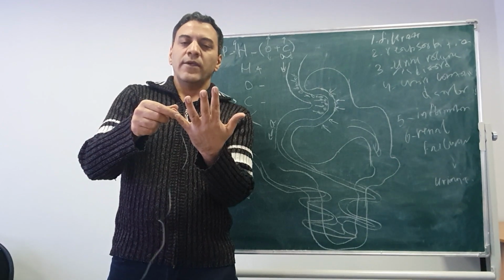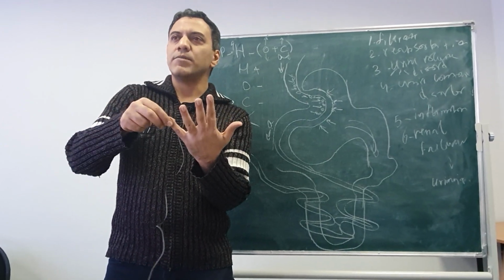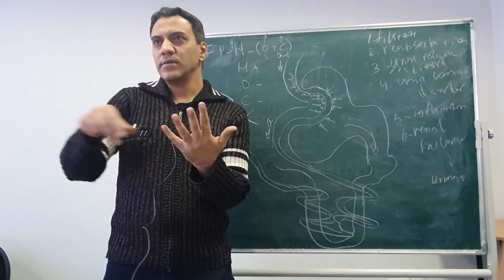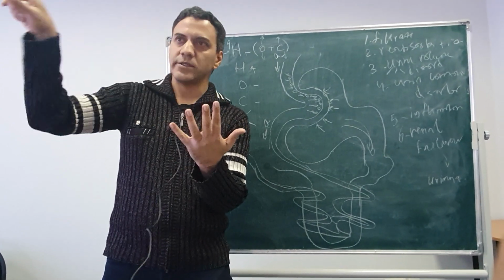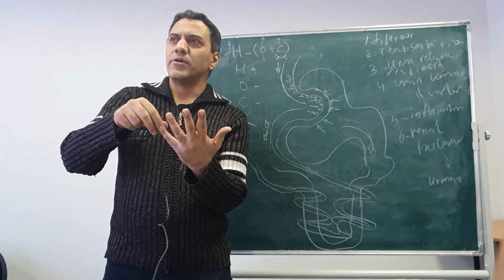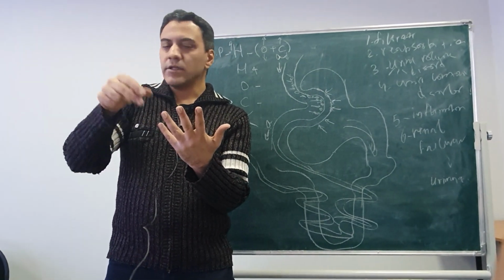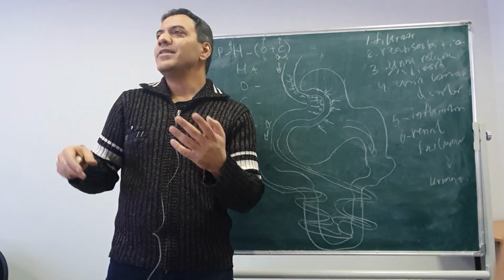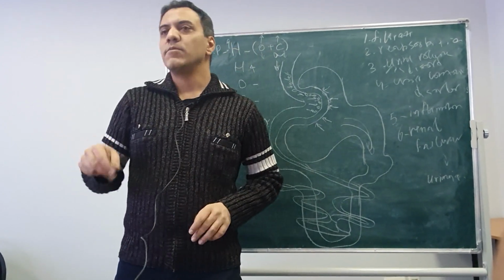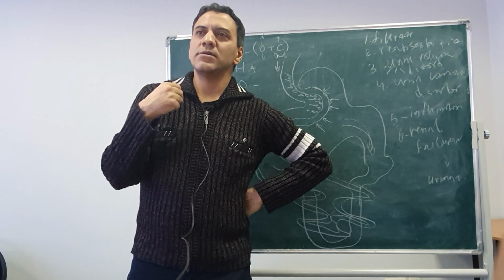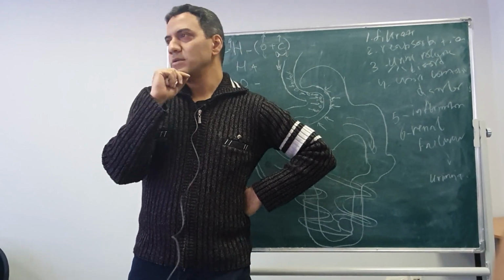First stage, 50% of nephrons damaged. Second, about 70% damage. Third, 80-90% damage of nephrons. It means how many nephrons are functioning? Just 10%. Can you imagine?